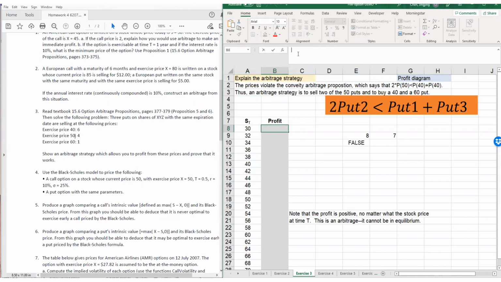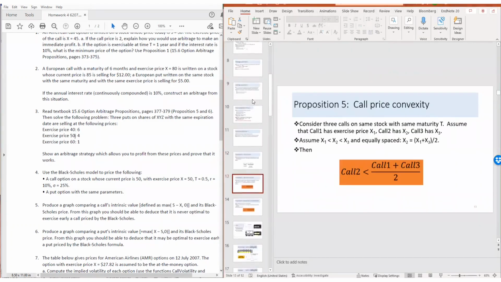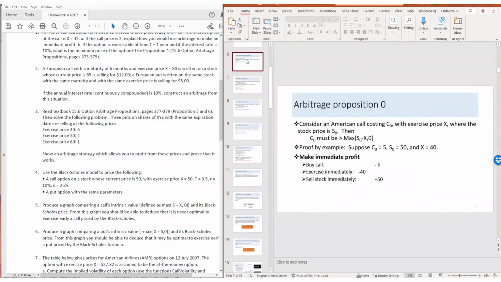So here, let's do this. We need to sell 2 of the 50 put. So you will need to sell what we have here.